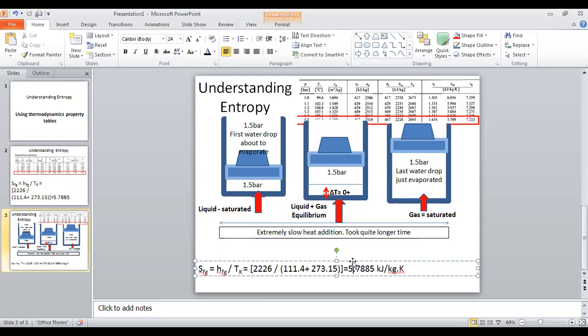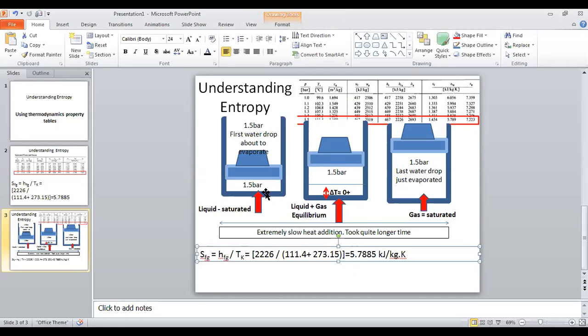Imagine at 1.5 bar, you have extremely slow heat addition with a small temperature differential. It has to go on for a longer period of time, because you have to add a certain quantity of heat, and then the liquid turns all into gas at the saturation condition.